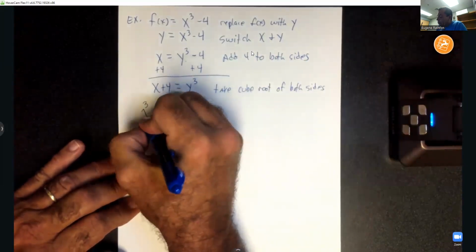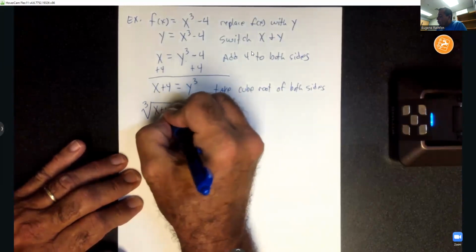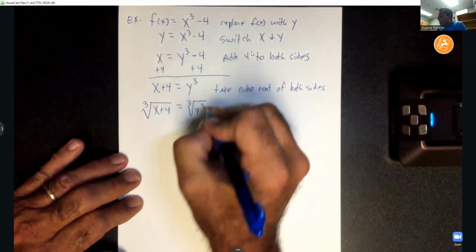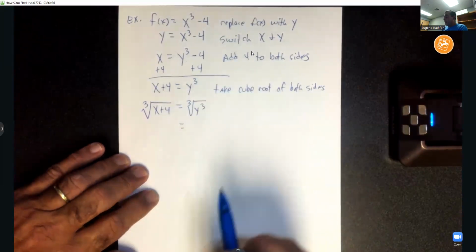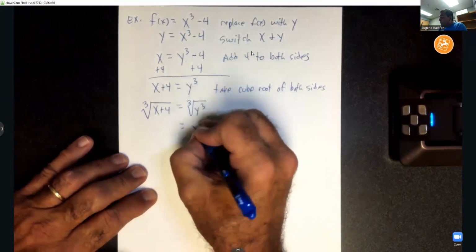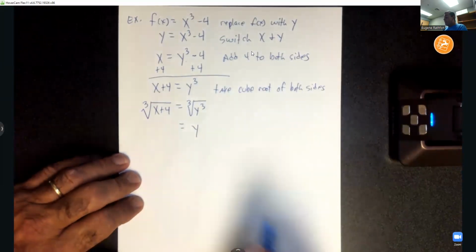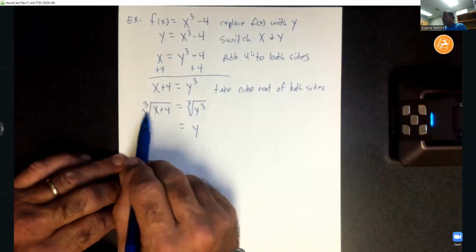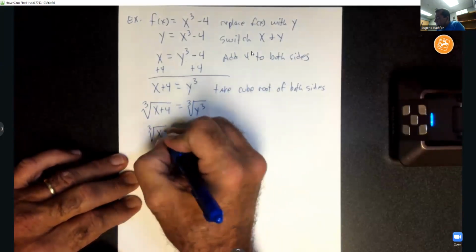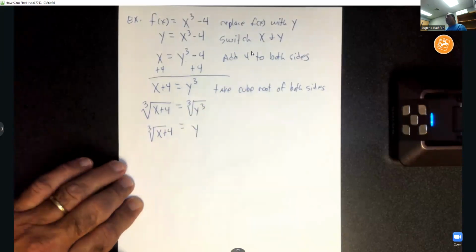So the cube root of x plus 4 will equal the cube root of y to the third. Y'all guess what? A cube root cancels a cube. So all that's left over there is my y. Cannot do anything to that. So that's going to stay at cube root x plus 4.